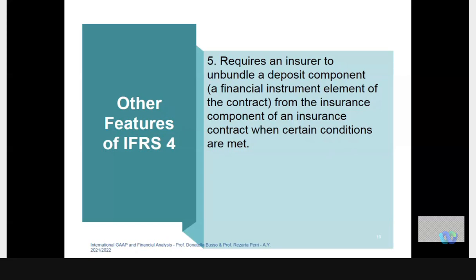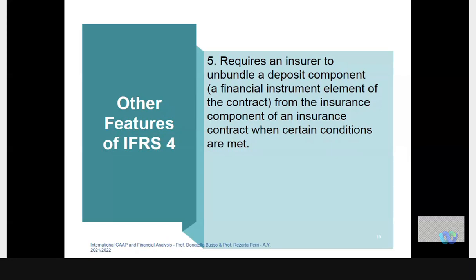That means that if you as a customer pay the premium of an insurance contract and this premium is deposited in the bank, the insurance company may treat the deposit under the financial instrument standard, and the liability that arises from you paying the premium under the insurance contract. You may choose to do that. IFRS 4 allows you to unbundle, to detach these two elements from each other.